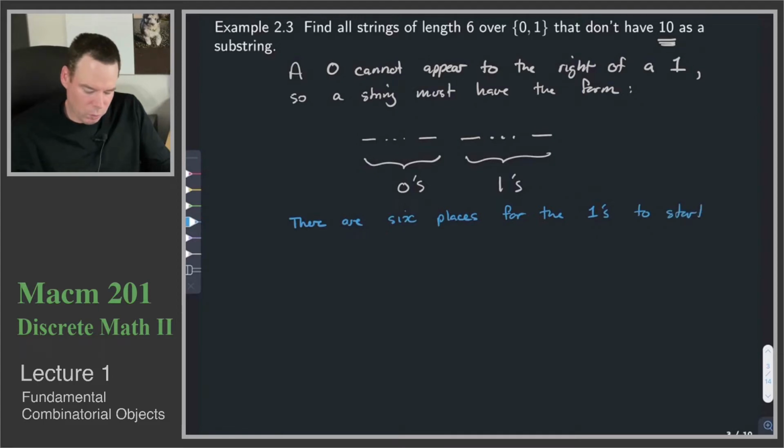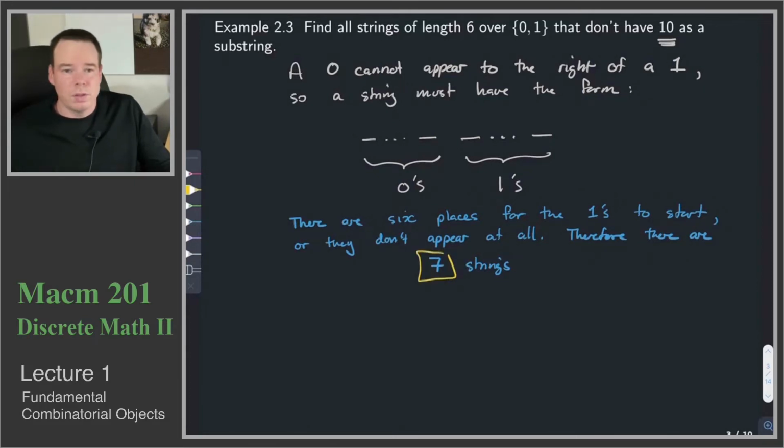If it's going to contain a 1, the 1s could either start in position 1, 2, 3, 4, 5, or 6. So there's 6 places for the 1s to start, or they don't appear at all. It's just a sequence of zeros. And so that means, therefore, there are 7 strings. So we got our answer.